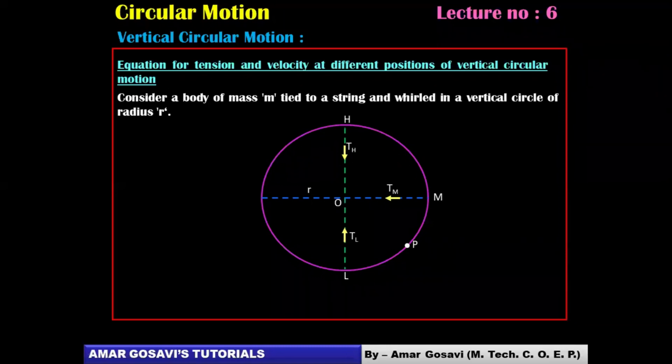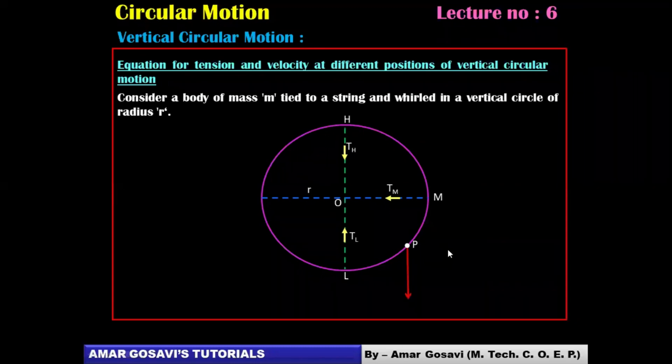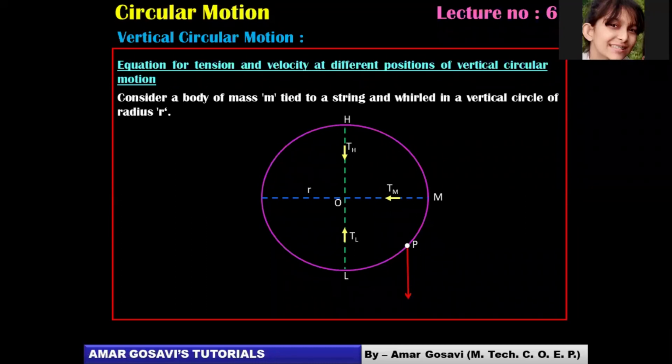Let's talk about a position P. You can see it on the screen, basically. So at position P, if you observe, you can see the forces which would be acting at position P would be the weight vertically downwards. So you can see at position P, the weight acts vertically downwards.